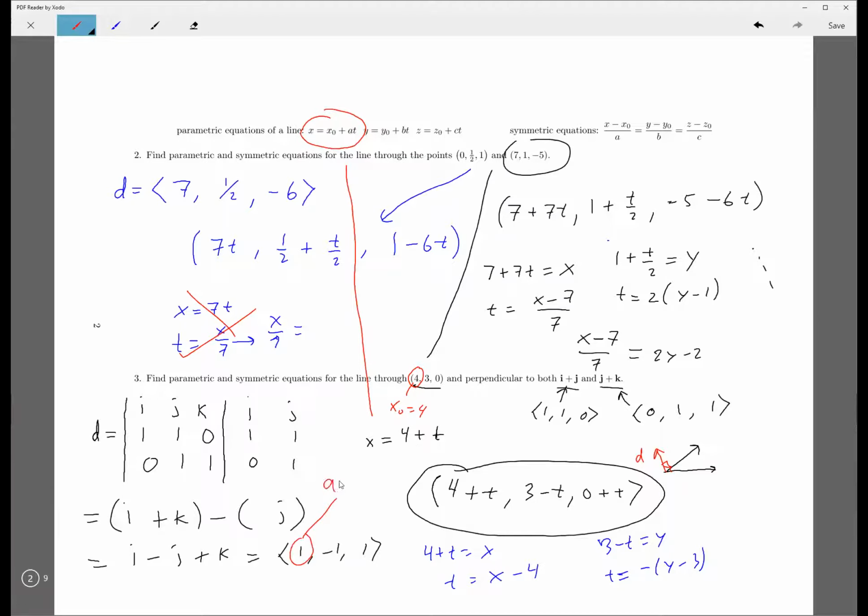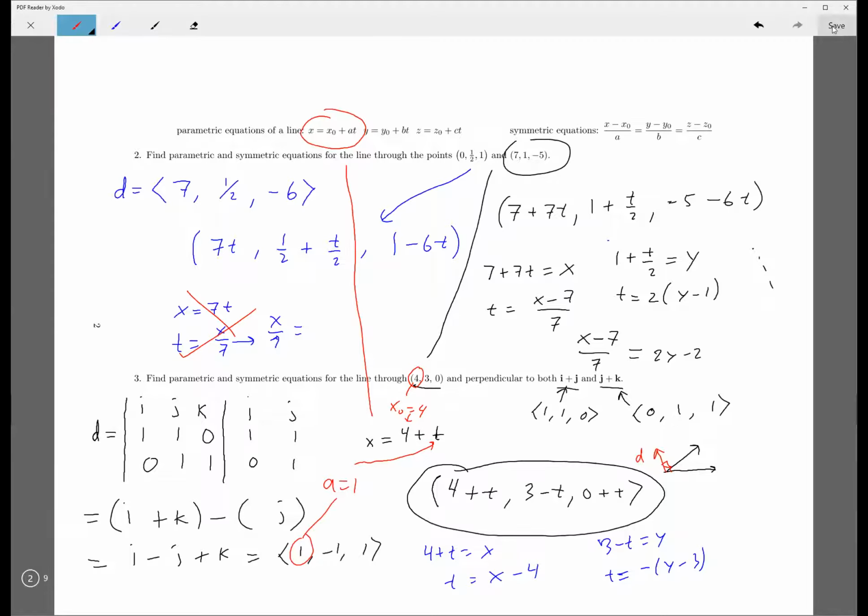So it's part of the equation, and that's how that went into there. And then the b is going to be negative 1, and the c is going to be 1. And the y0 is 3, and the z0 is 0. Got it. Okay, great.